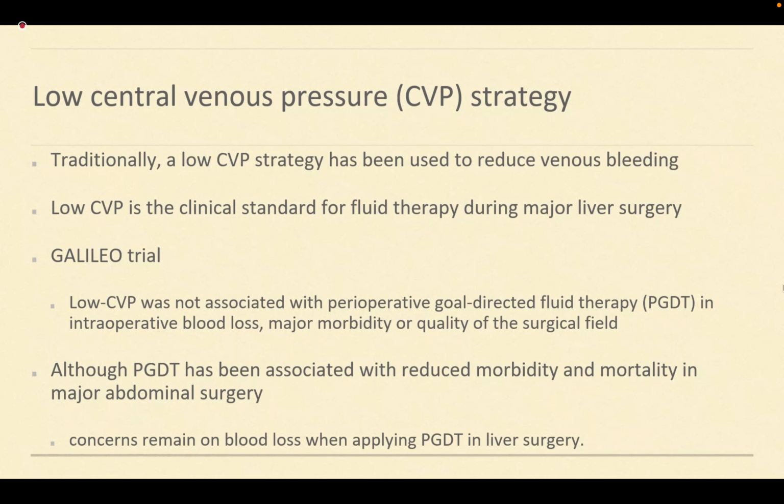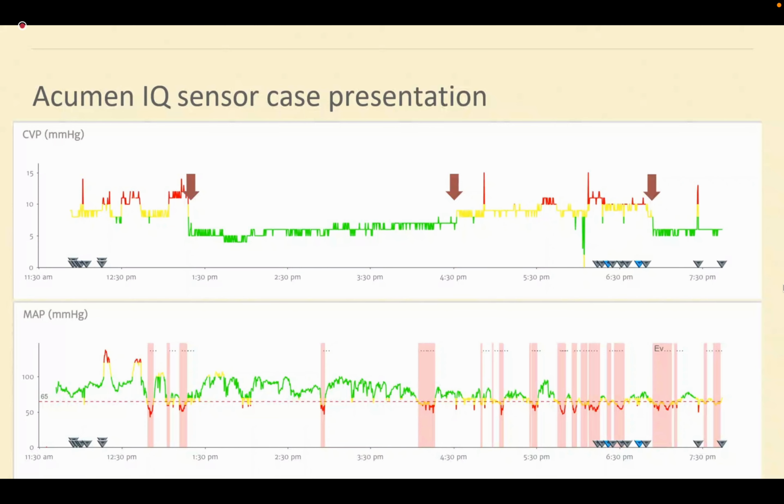From this case, this is not the presentation case, but in this case, it's a hepatectomy case. A low CVP strategy was used during liver resection, but 3 hours later, CVP increased after adjusting the retraction and abdominal packing.